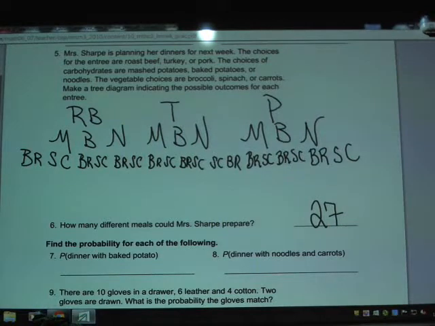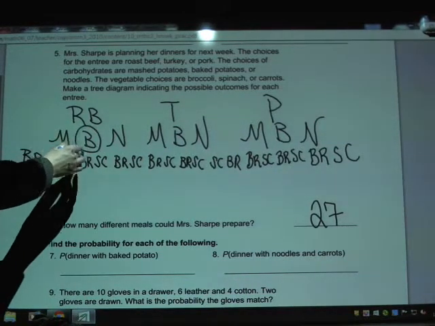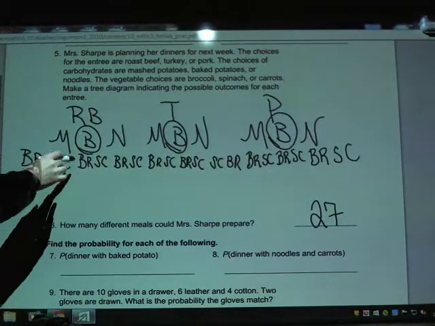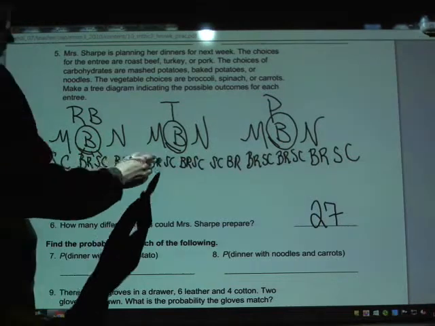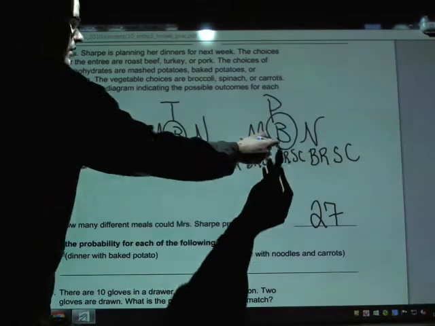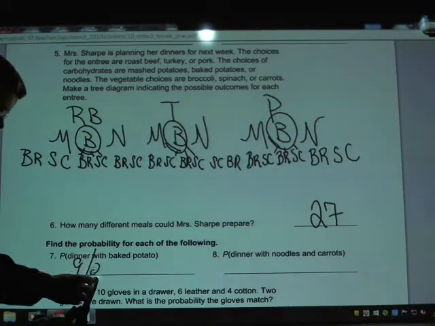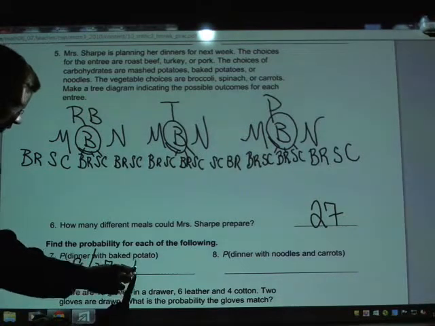So the probability in number 7 of getting a dinner with a baked potato: we can go through and figure out how many options actually have a baked potato in it. As we go through here, this list is my baked potatoes. And if we go down, there is 1, 2, 3 beneath that one, 1, 2, 3 beneath that one, and 1, 2, 3 beneath that one. So a 9 out of 27 chance of getting a dinner with a baked potato, or 1/3.